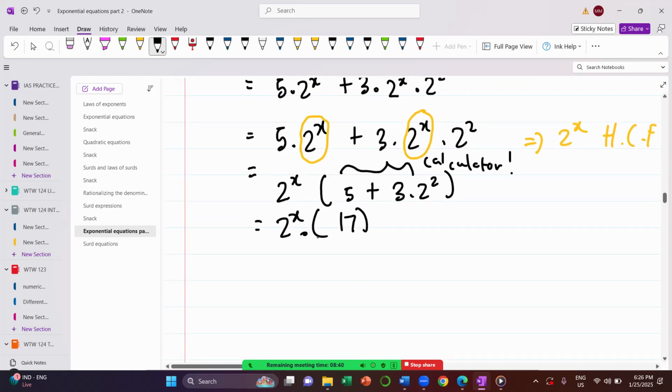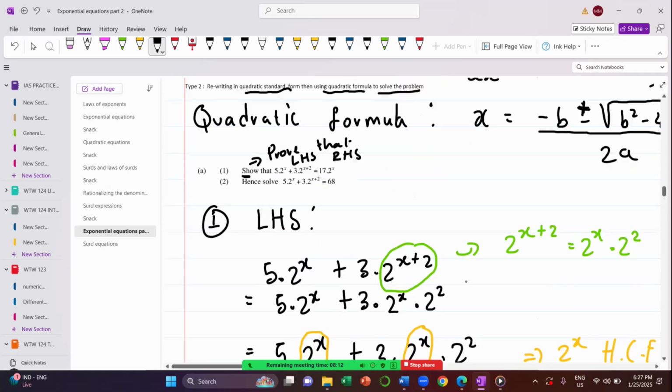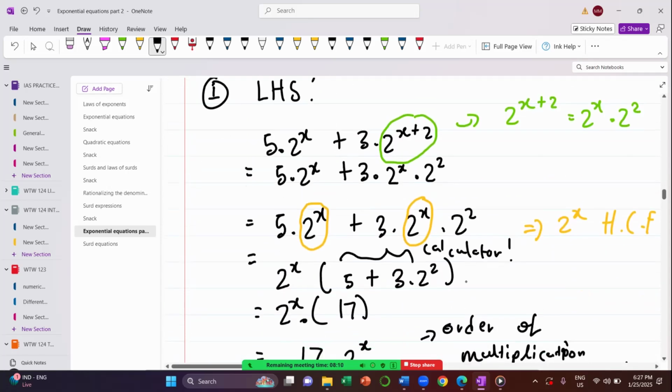This is multiplication, so it's the same as 17 times 2 to the exponent of x, because remember, the order of multiplication doesn't matter. Are we okay? Yes, sir. So now we've proven this.